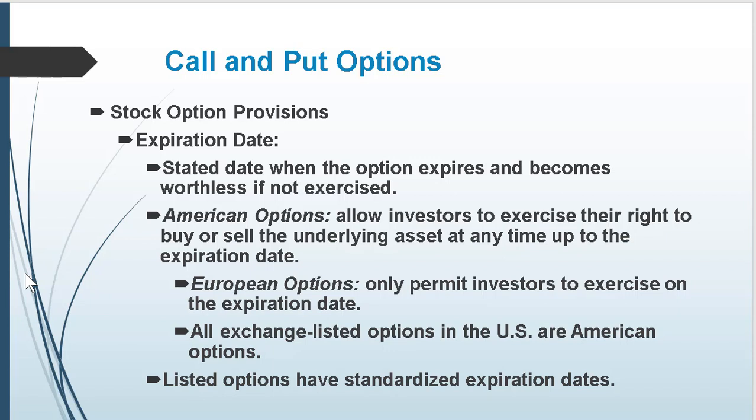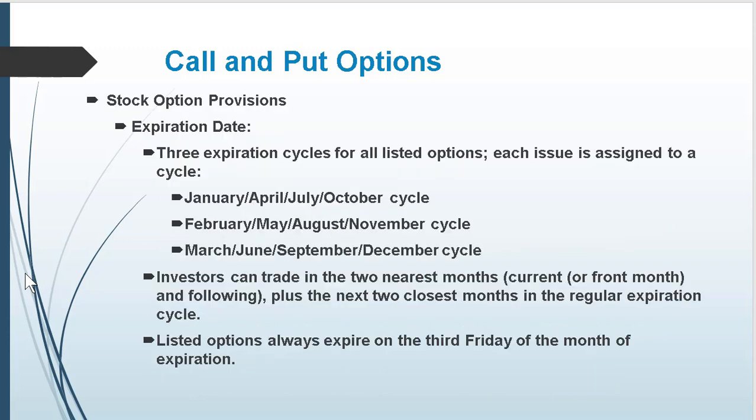So again, all of the options that we would be talking about have standardized expiration dates, and they go in cycles. Each issue is going to be assigned to a particular cycle: January, April, July, and October.